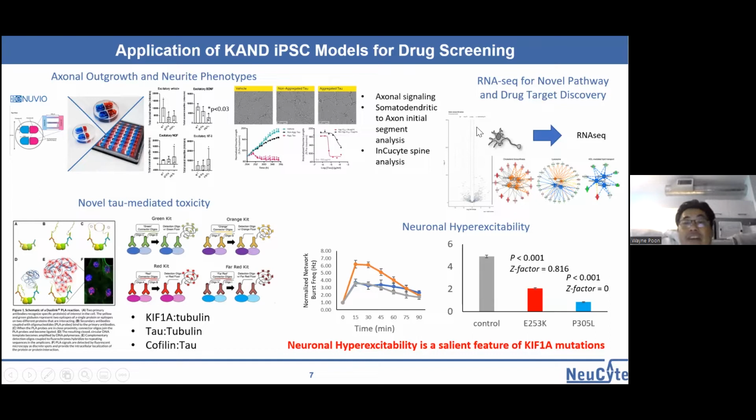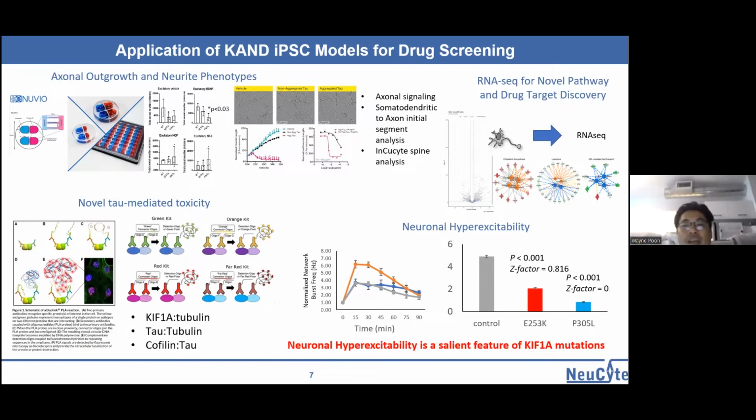RNA-seq to identify novel pathways that aren't readily apparent from KIF1A mutation motor deficits. And then we are in the process of developing a proximity ligation assay to examine KIF1A mutant interactions with microtubules and how they might be modulated by tau.